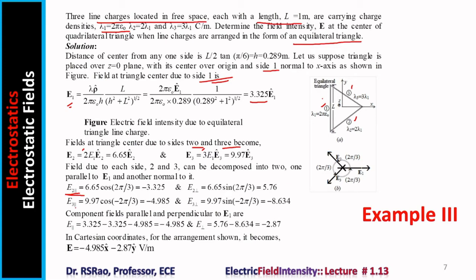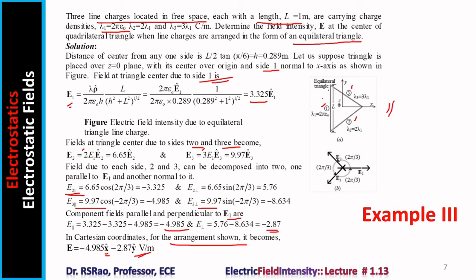Similarly, E3 also can be decomposed into two components. So component fields parallel and perpendicular to E1, parallels get added, perpendiculars also get added. So addition gives minus 4.985, and the perpendicular one is 2.87. In Cartesian coordinates, for the arrangement shown, with respect to this arrangement, notice parallel is in x direction, perpendicular is in y direction.